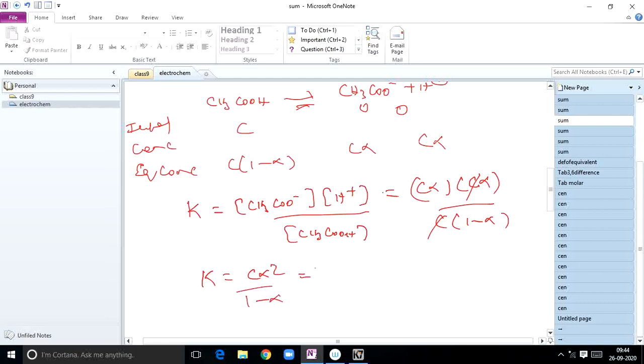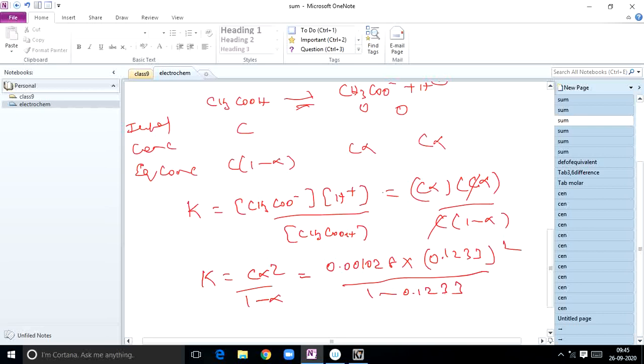What is the concentration value given, students? Come on, substitute quickly. 0.001028 into the alpha value, 0.1233, whole square by 1 minus 0.1233. So solve this one, students.